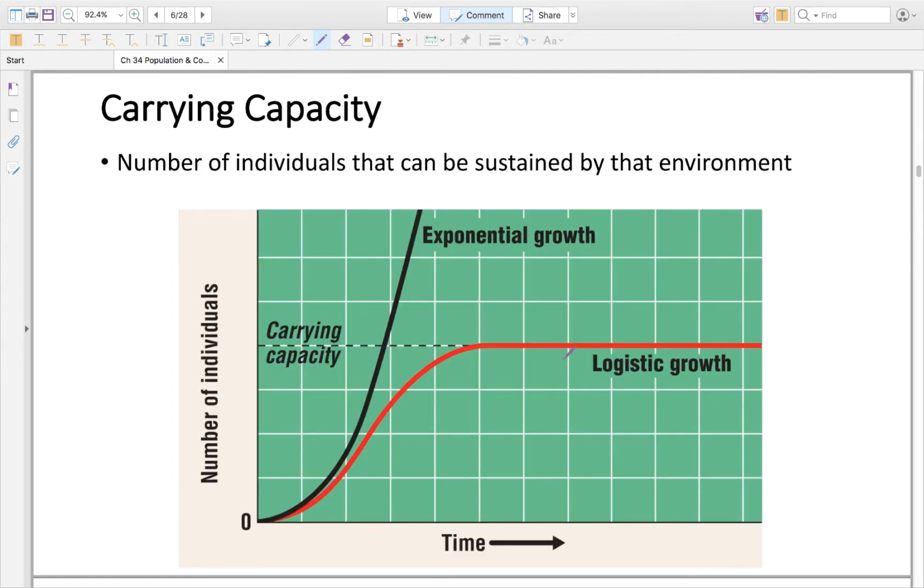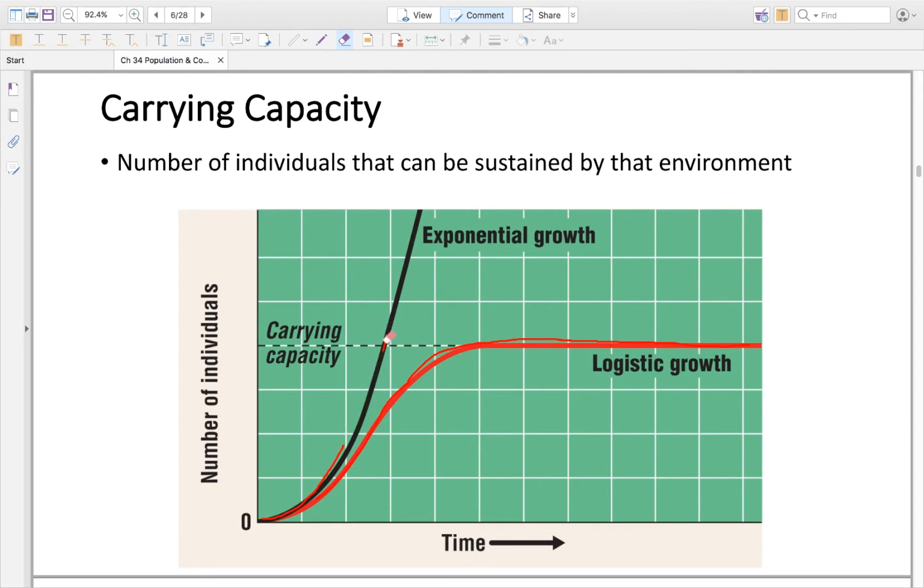The carrying capacity is the number of individuals in a population that can be sustained in that environment without destroying the environment. Initially, a population will grow exponentially, right? But then in a real population, it will shift from exponential to logistic growth. This is logistic growth in red, and this is exponential growth in black.